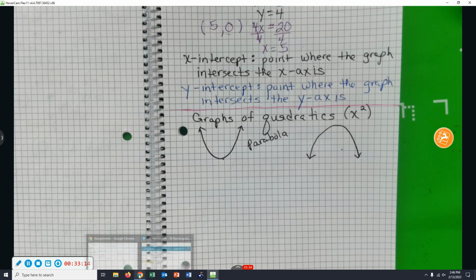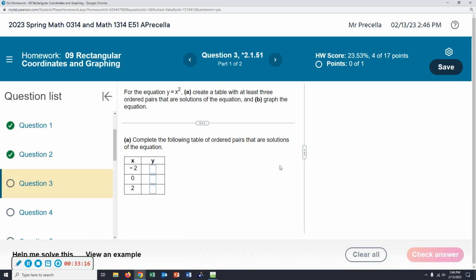Now you know what I'm talking about, right? The coronavirus and the pandemic was starting. My students thought I was insane or something. But anyway, I've talked long enough. We need to do number 3.